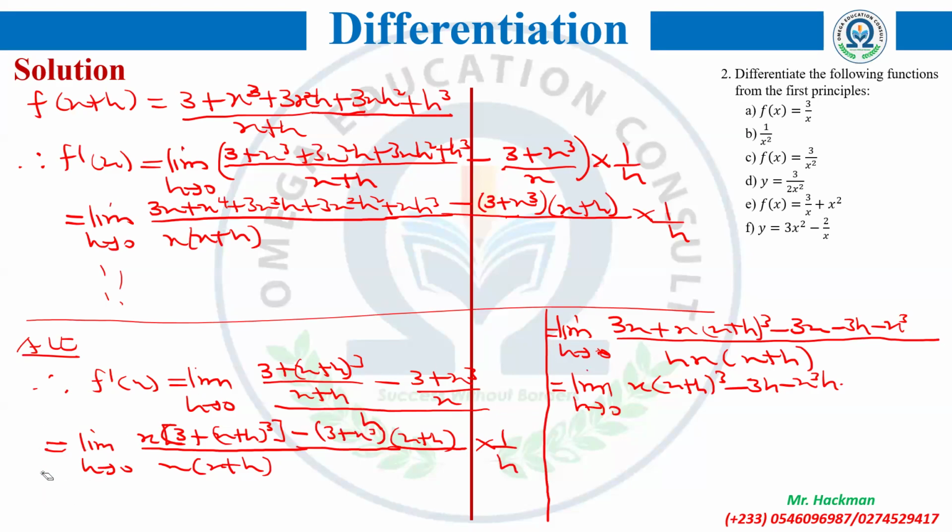It wasn't intentional though. But sometimes as you mature, as you move on, you realize that there is something wrong. So minus 3x, minus 3h, it is here. Minus x cubed times x, so that will give us minus x to the power 4. So I've done the minus x to the power 4.